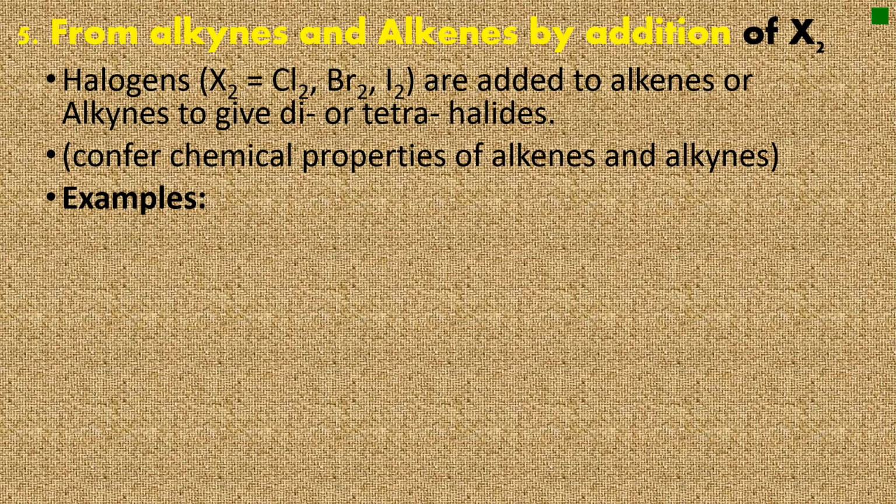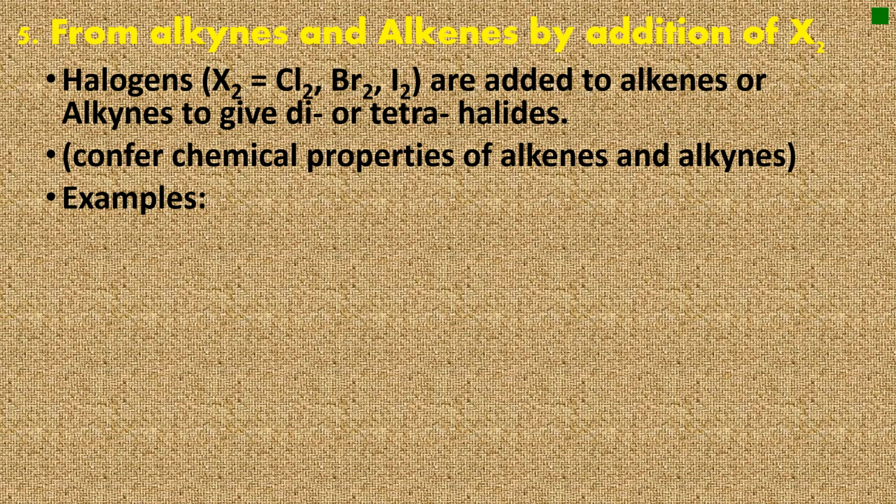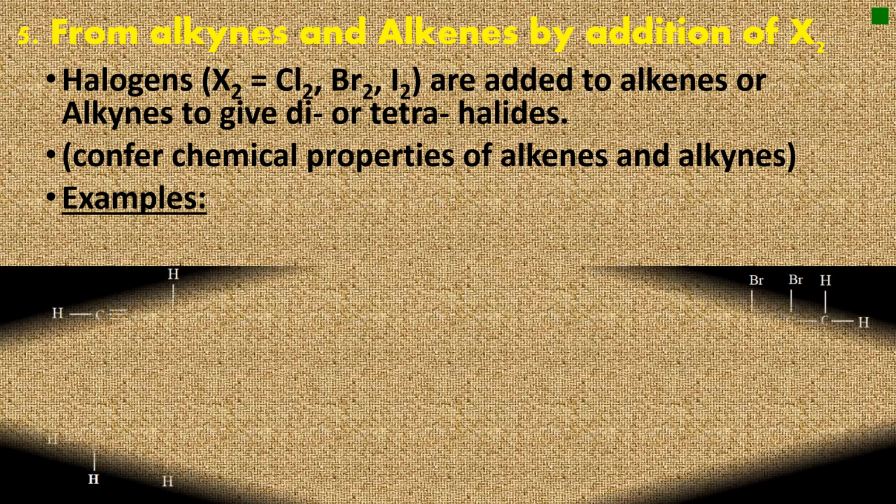The fifth preparation of alkyl halides is the preparation from alkynes and alkenes by addition reaction of halogens. Halogens, chlorine, bromine, and iodine, are added to alkenes or alkynes to give di- or tetrahalides respectively. For further explanations, refer to the chemical properties of alkenes and alkynes. Examples.